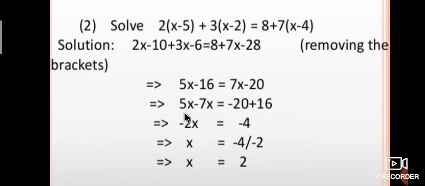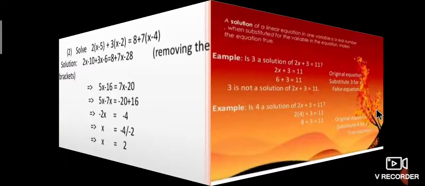Therefore, 5x minus 7x is equal to minus 2x is equal to minus 4. Therefore, x is equal to minus 4 divided by minus 2. Minus minus get cancelled. 2 ones are 2, 2 twos are 4, x is equal to 2 is the solution of the equation.